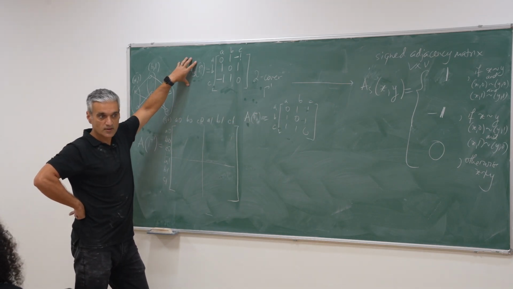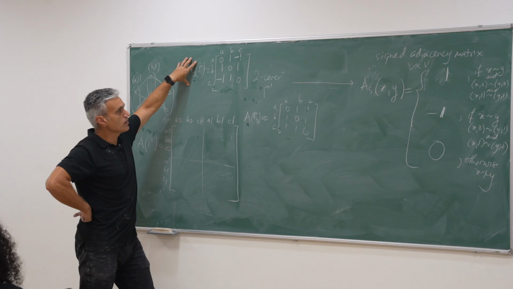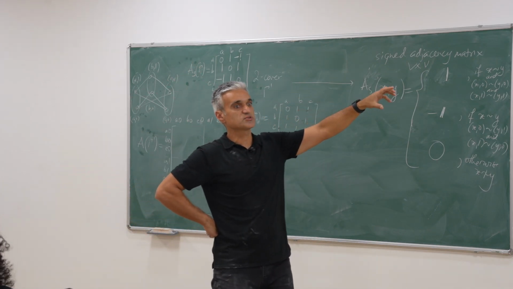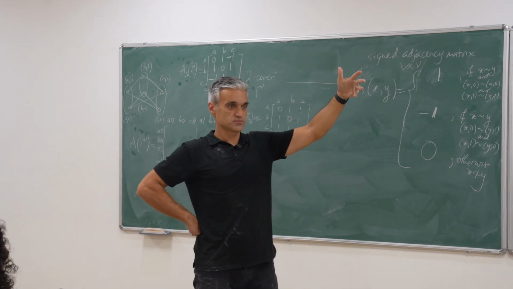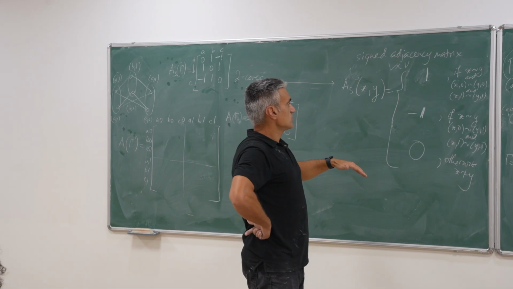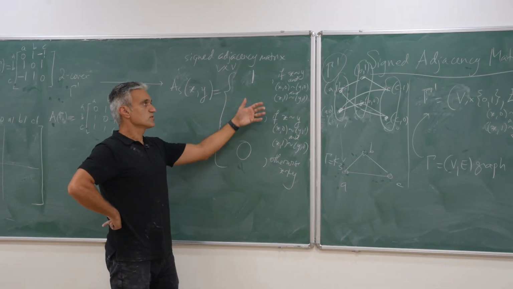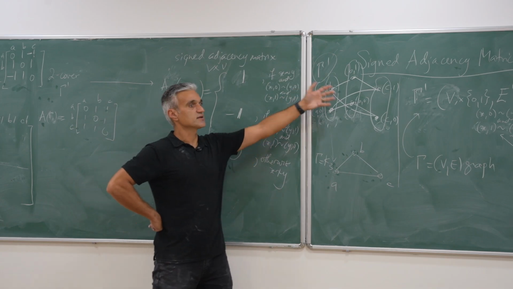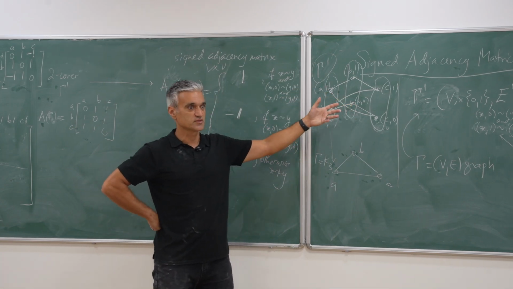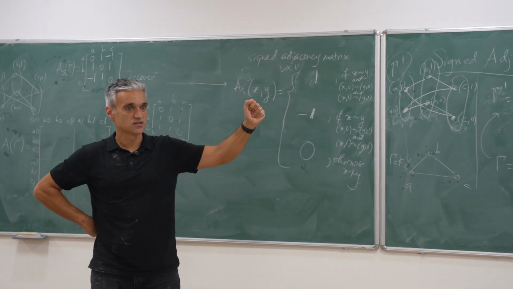That's what will always happen. So that's why I say that sign adjacency matrices are equivalent to two covers, because if you give me a two cover, this is my sign adjacency matrix. If you give me a sign adjacency matrix, I can represent it by a two cover. Make sense?